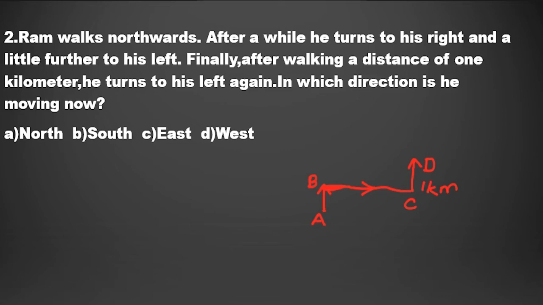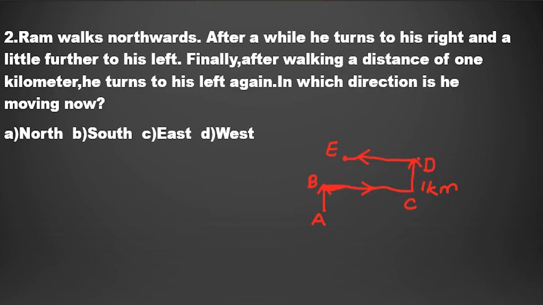That is, from C he walks 1 kilometer left, then again he walks left again up to A, the starting point of Ram.